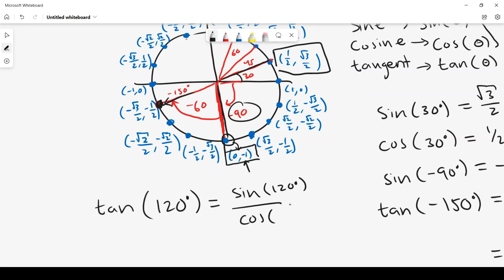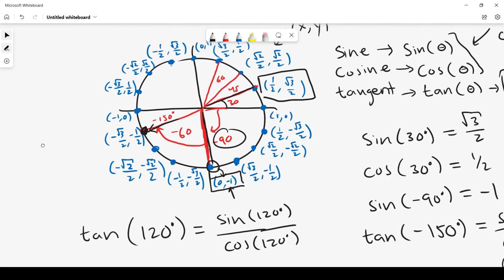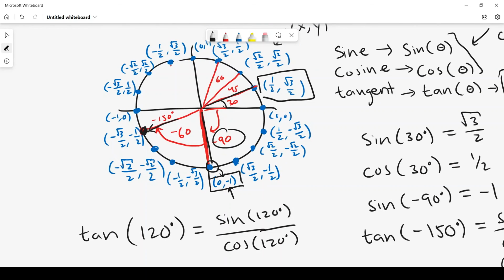We still keep that same degree. And then now from the unit circle here, what do we have? Well, let's see, 120 degrees. Well, this is 180 degrees here. This is 90 degrees here. And so 120 degrees is somewhere in between here.